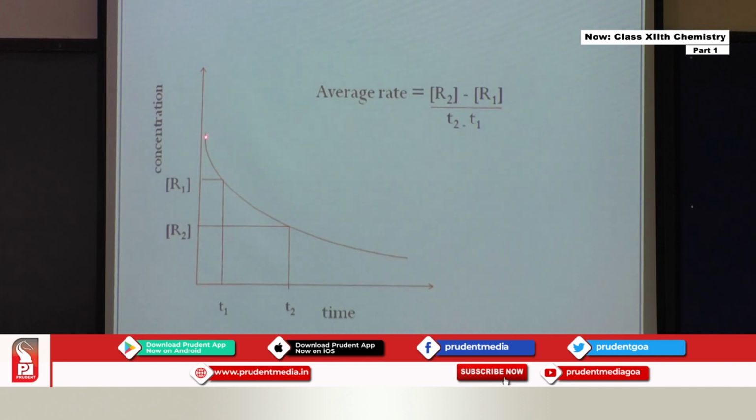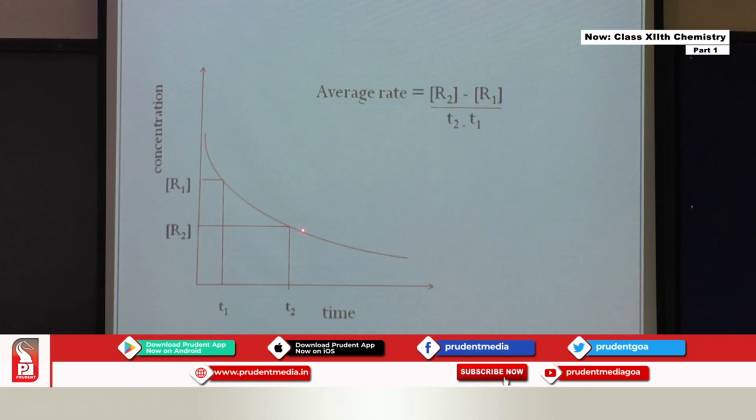So if you look at the plot here of reactant decreasing, at some point, suppose T1, I mark this as T1 here, the concentration of the reactant is considered as R1, while at some point T2, the concentration of the reactant is considered as R2. So R1 here is the initial concentration when the reaction is taking place, and R2 is going to be considered as the final concentration when we want to calculate the average rate for this time interval, that is between T1 and T2.